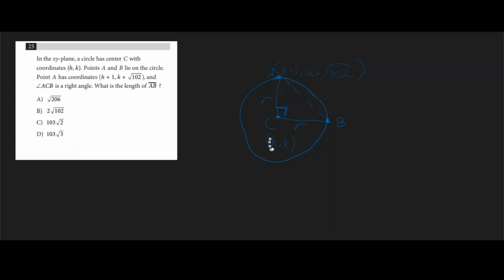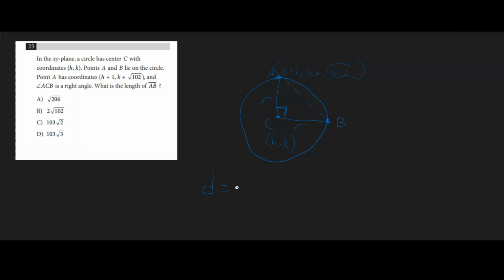We have two points, and we need to find the distance between this point C and this point A. If only there was a good formula that we could use. Well, lucky for you, there is one. It is called the distance formula. You might have learned this in pre-algebra or geometry, but here's what it looks like.